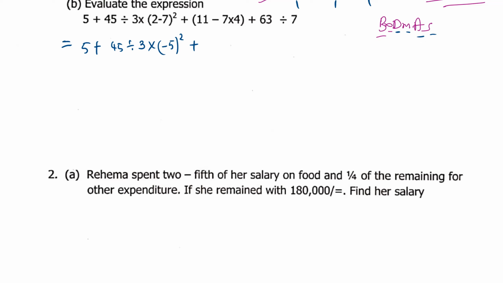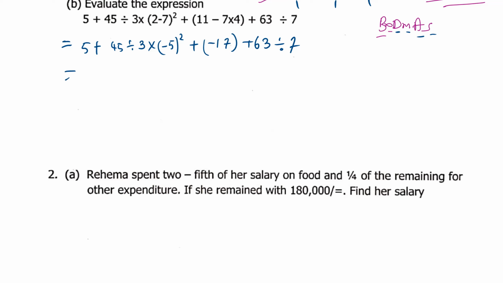When you take 11 minus 28, you get -17. Then plus 63 divided by 7.